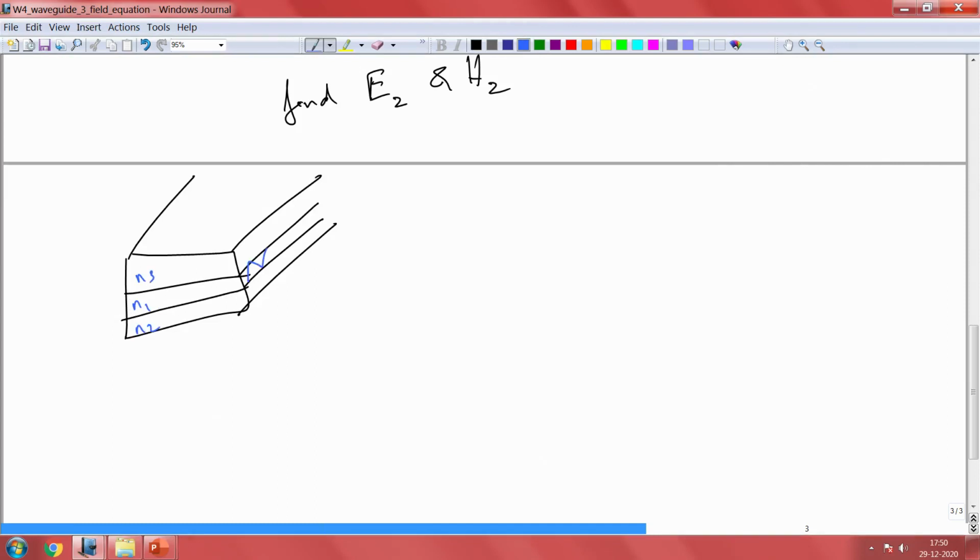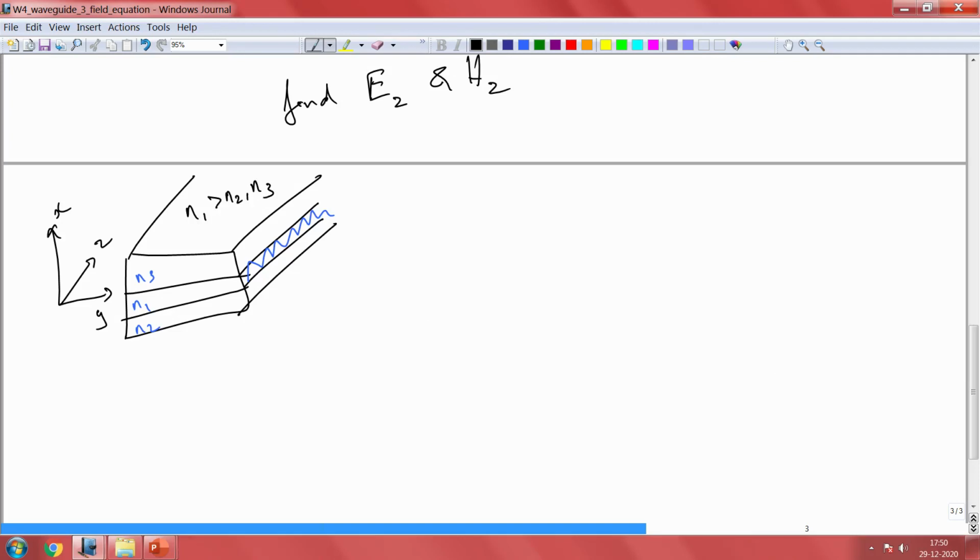So light is propagating through this, and the coordinate system is similar to what we have been discussing so far. So the direction of propagation is z, and we have field in x and y direction. So here n1 is greater than n2 and n3. So that is something given.